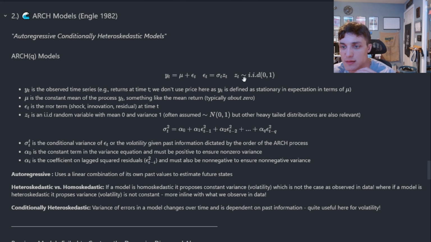What about the volatility process itself? Well, hopefully now it's starting to become more clear why we were using the realized volatility, not implied volatility. We are looking at this sigma squared term here.